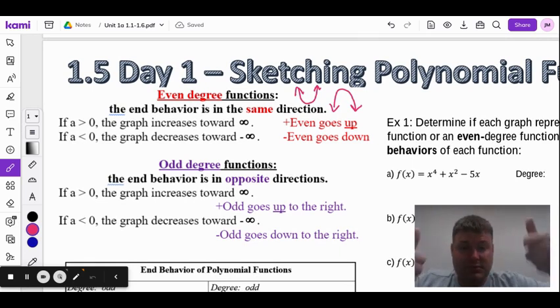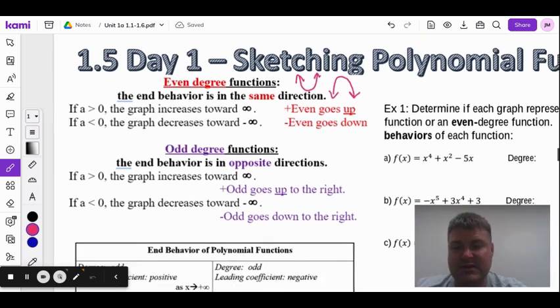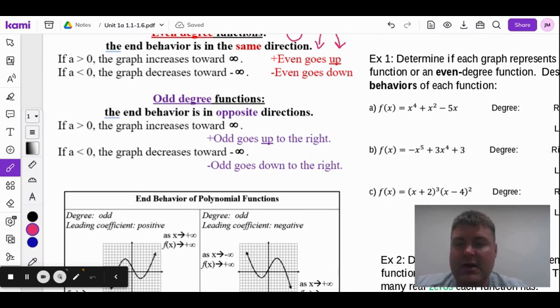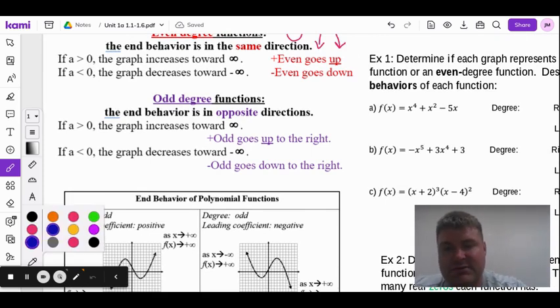They both go to positive infinity if my a value, our leading coefficient, is positive. If our leading coefficient is negative, they're both going to end up at negative infinity. And we'll get to draw this to make more sense of it. I even got some pictures down here to show you as well. Odd degree ones, the most popular odd degree one, I guess I'll do this in blue, is a linear function like this.